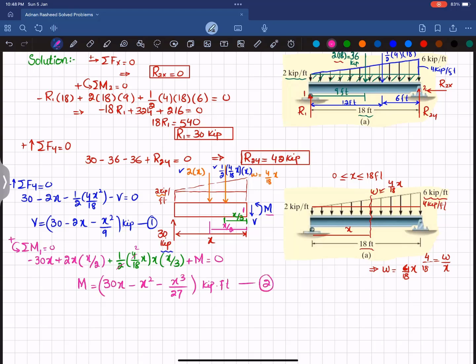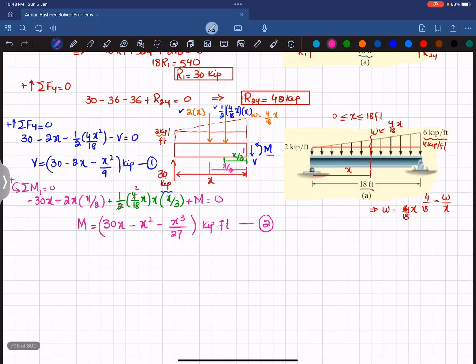If you want to check whether equation number 2 is correct or not, we know that the shear force is equal to dM over dx.